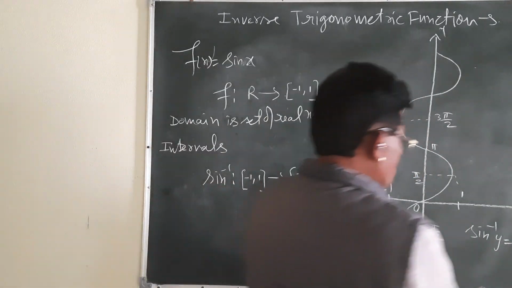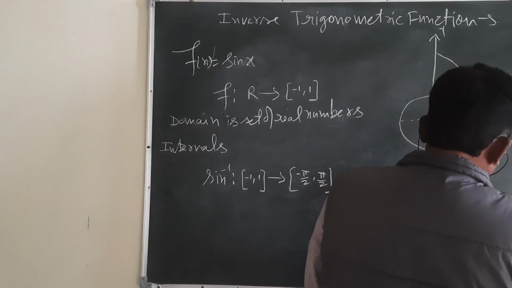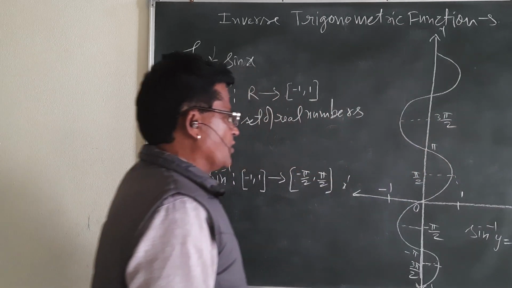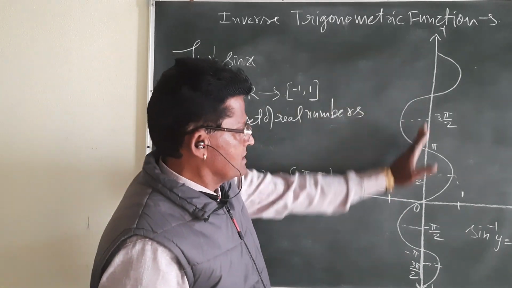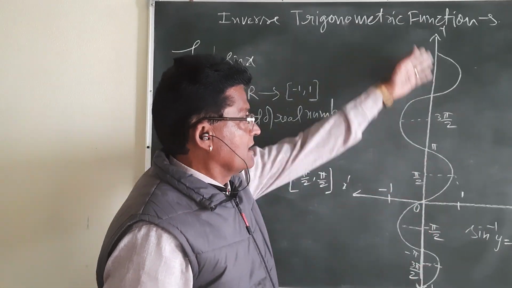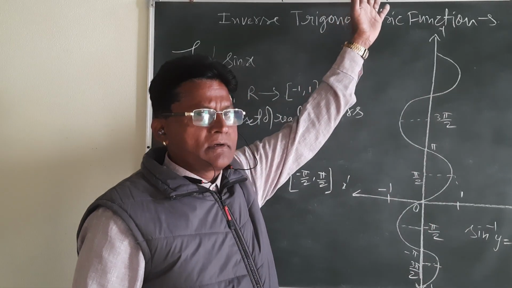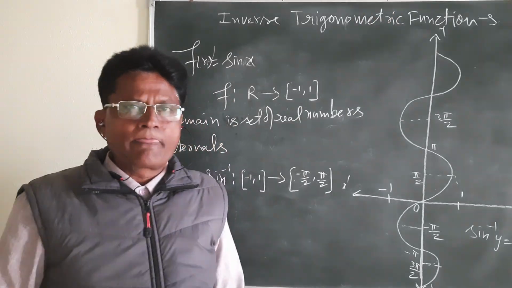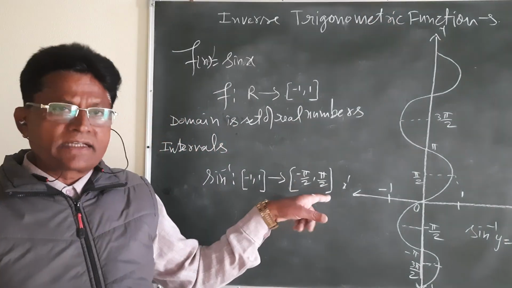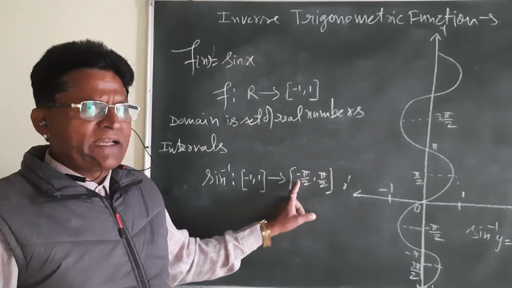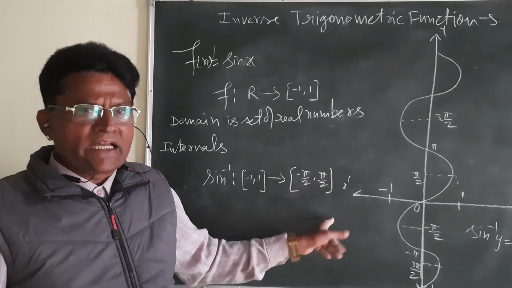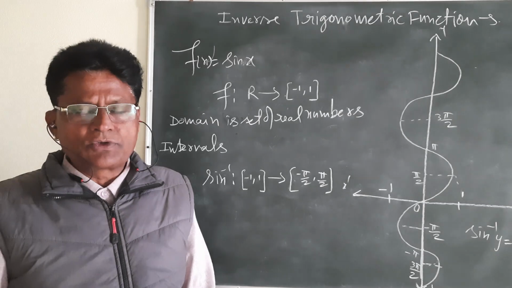Or you can take, if you do not want, that is f inverse. I told you the domain and range will be changed. And you see this one, range, that is the set of real numbers. But as I told you, we shall restrict the range over here from minus pi by 2 to pi by 2, so that you can find out the solution of the question.